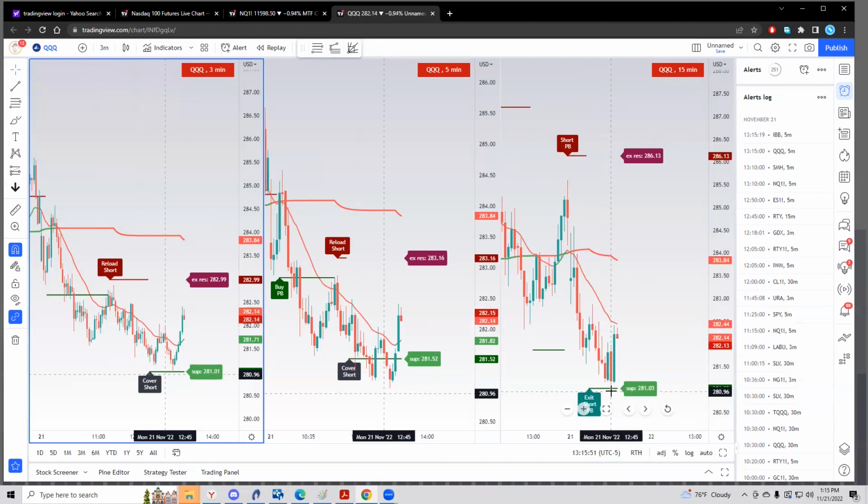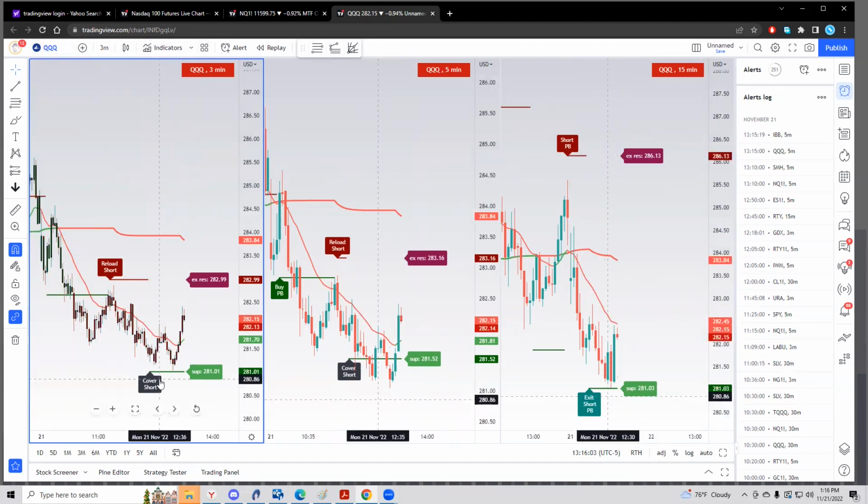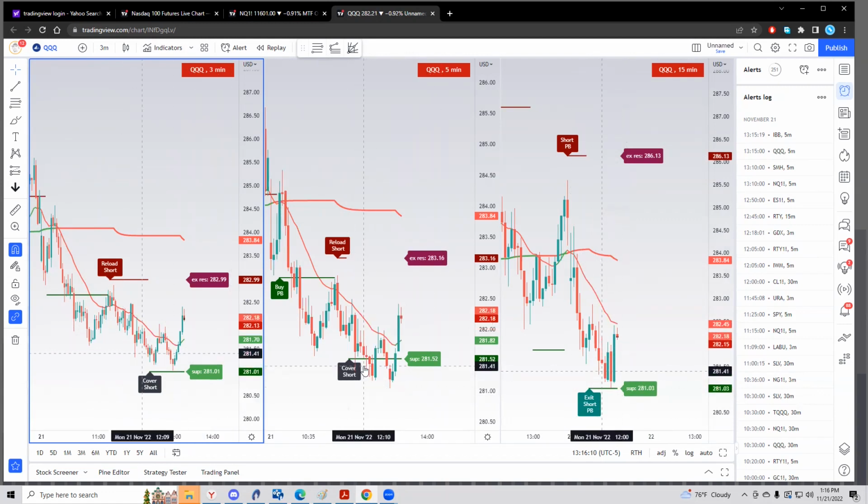Then if you want to pinpoint the exact point where you want to go long, you wait. For example, you start watching 3 minute and 5 minute charts, and you watch when we get the same cyclical support, and price touches it and finds support.